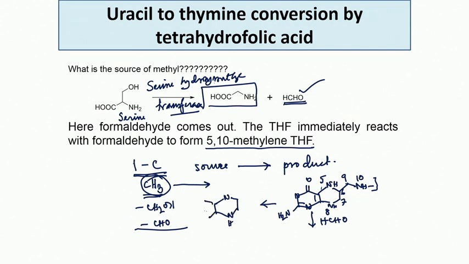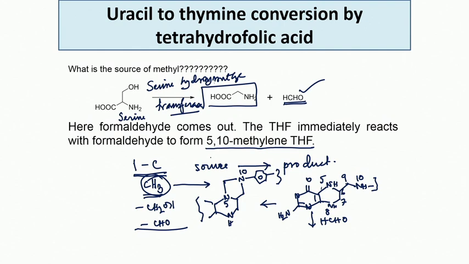Here is the other aromatic ring, I am not drawing that, and this becomes N and this formaldehyde is now hooked, is basically acting as an agent to link up these two nitrogens and then the para-amino benzoic acid moiety is there. Okay. So, this is 5 and this is 10. So, 5,10 methylene tetrahydrofolate, okay.